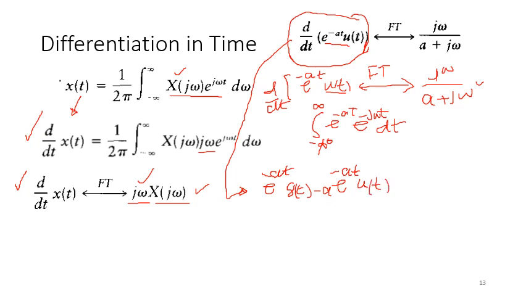Okay, so by now I think you understand, because Fourier also holds the scaling property, so you can straight away exploit this. So you know the Fourier transform of this one.